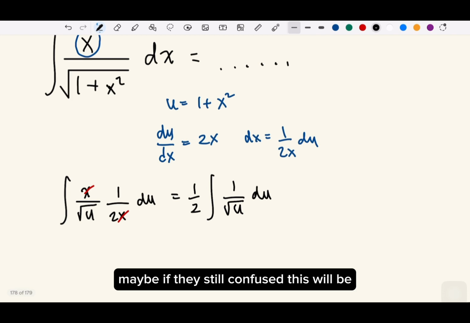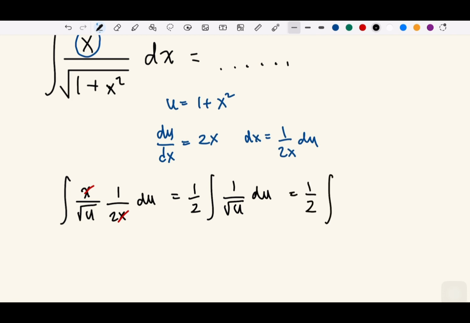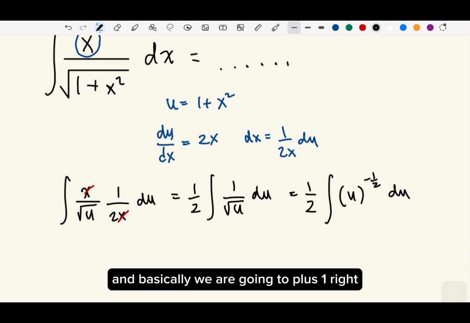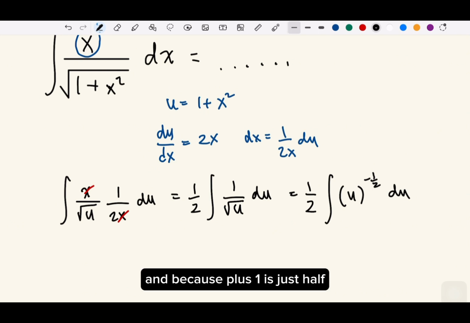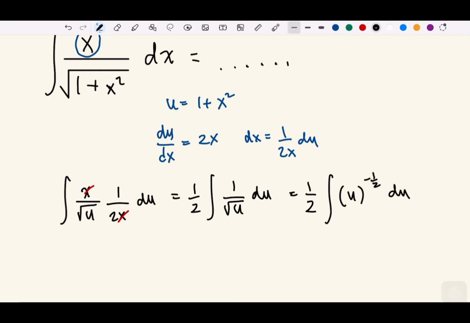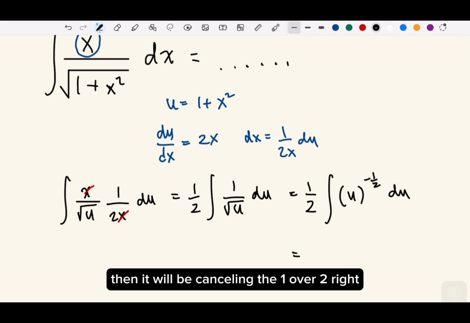If it is still confusing, basically we are going to add 1 to the negative 1 over 2. And because negative half plus 1 is just half, it will cancel the 1 over 2, right?